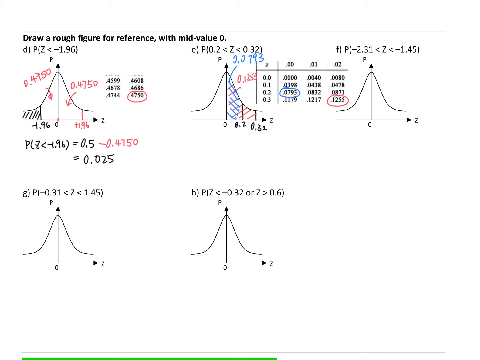Now if I ask you, how about this part? This one would be obvious. 大嘅 area 即係紅色嘅部分，0.1255 minus 細塊嘅藍色嘅部分. So press the calculator and you will get the answer 0.0462.